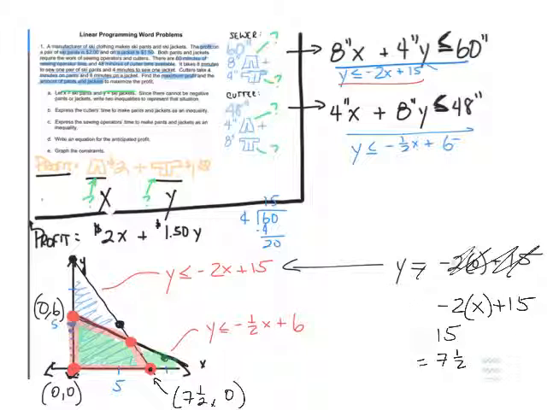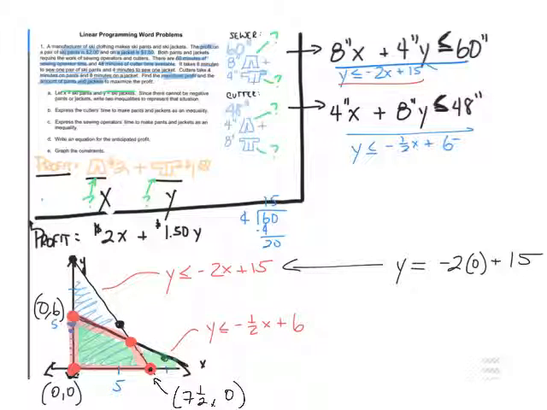Now, the one that's probably going to give you some measure of trouble is looking for what is the intersection of those two lines. And for some reason, I can't erase that other equation, so we're just going to leave it. What is that point? Don't know. Well, the intersection is going to be the one x value and y value that will let that equation and that equation work.